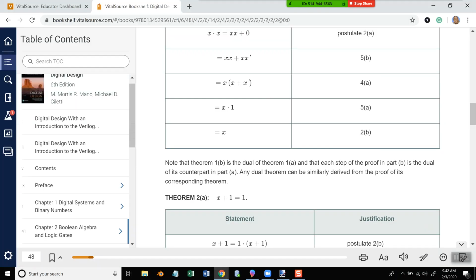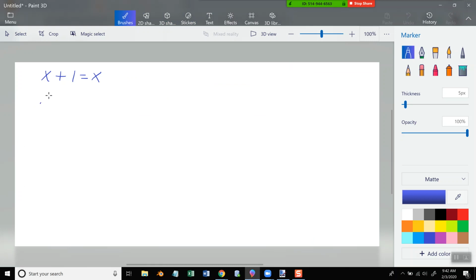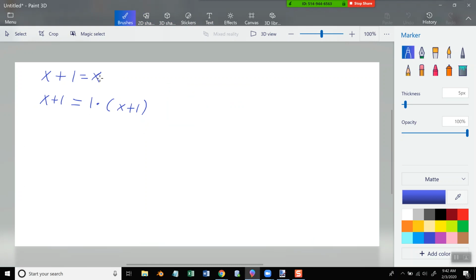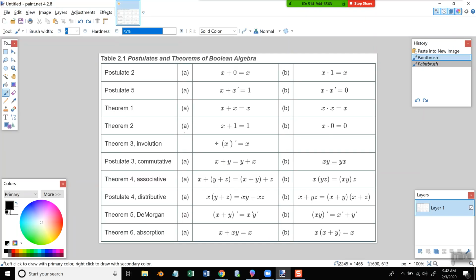So what do they do? Put a 1 out in front. Thanks. That'll help me in the end. Now that's from, you just put a 1, and it's commutative, so that they put it on the front doesn't matter, but that's from postulate 2b.